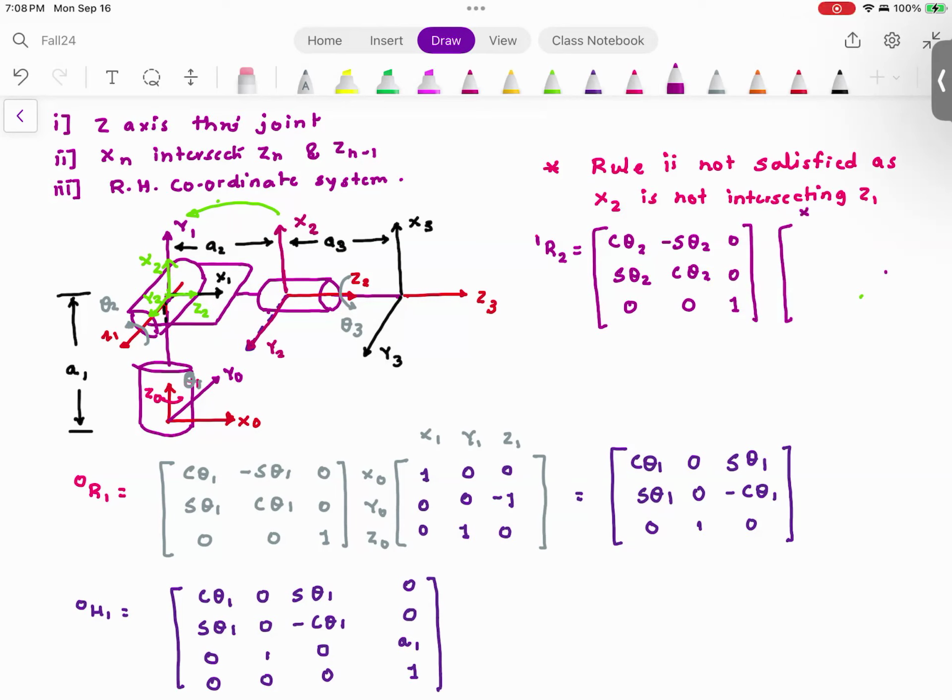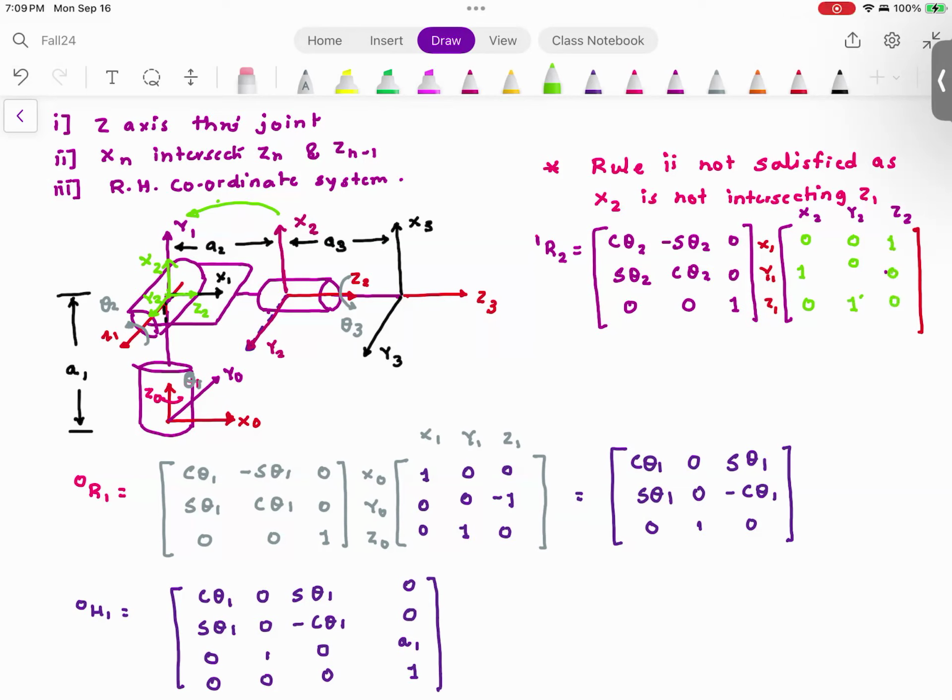And then I have x2, y2, z2, and the previous frame x1, y1, z1. Now I need to look at the green frame. x2 is aligned with y1. y2 is aligned with z1. And z2 is aligned with x1.